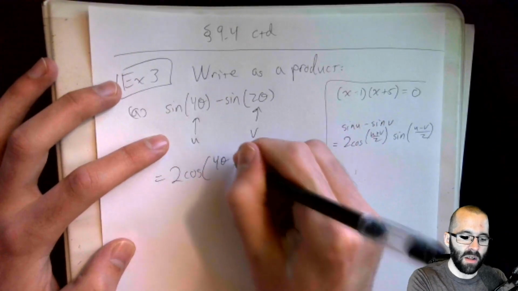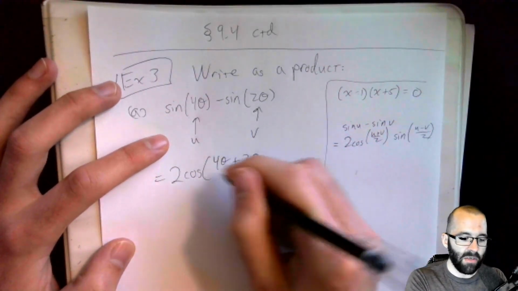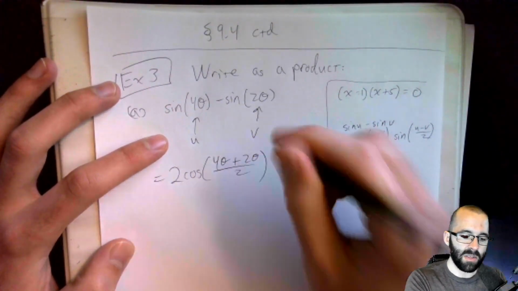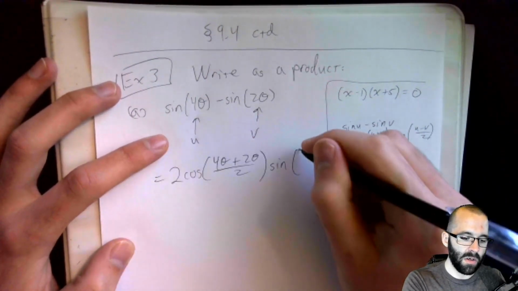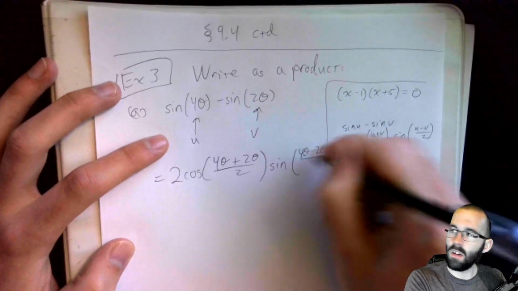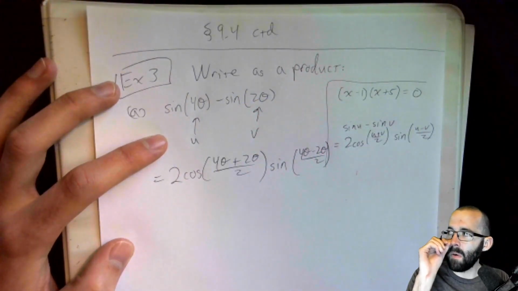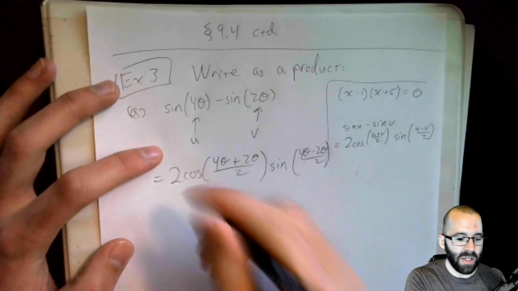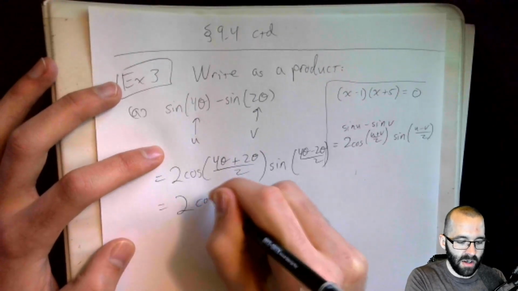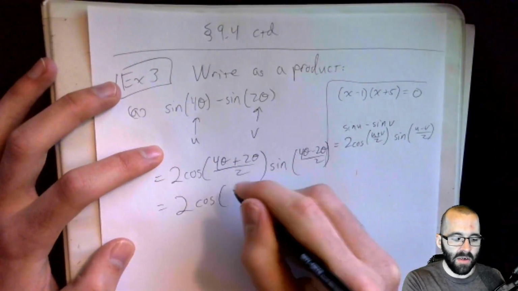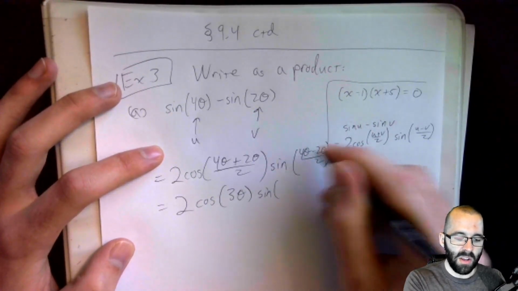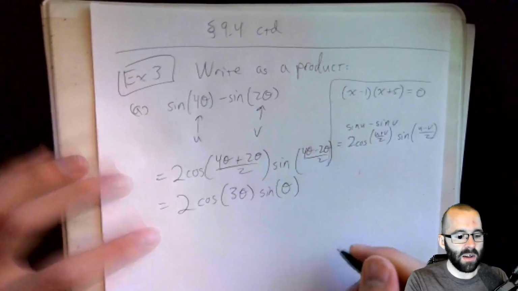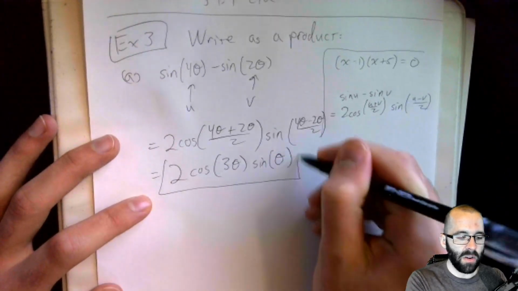That's (4 theta plus 2 theta) divided by 2, times the sine of (u minus v) over 2. Then we just simplify and we're going to be done. So this is the cosine of 6 theta divided by 2, which is 3 theta, times the sine of 2 theta divided by 2, which is just a single theta. And that's as far as we go.